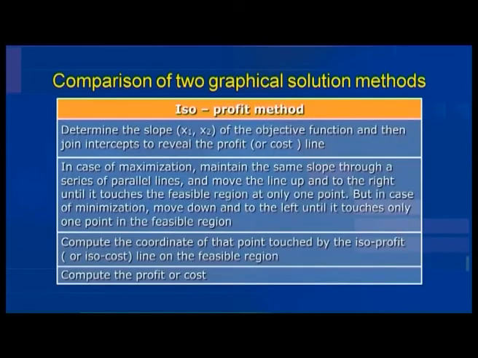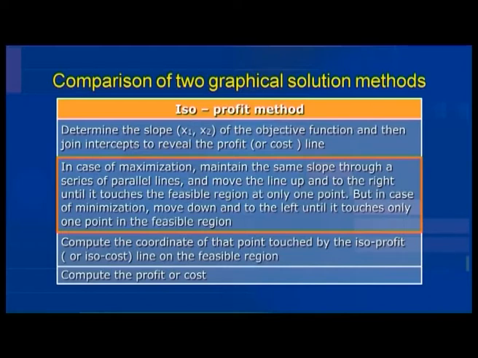Following are the points under the ISO profit method. Determine the slope x1, x2 of the objective function and then join intercepts to reveal the profit or cost line. In case of maximization, maintain the same slope through a series of parallel lines and then move the line up and to the right until it touches the feasible region at only one point.